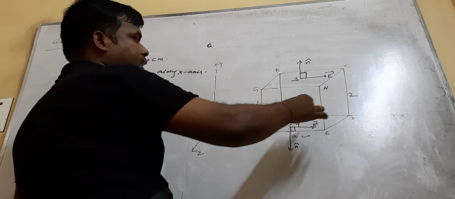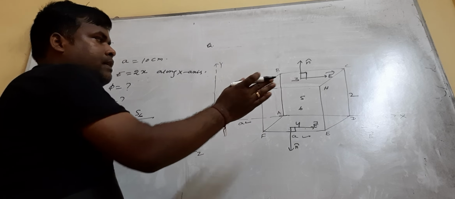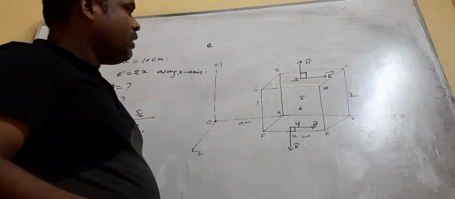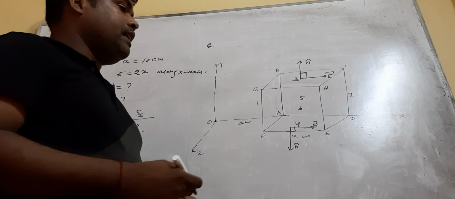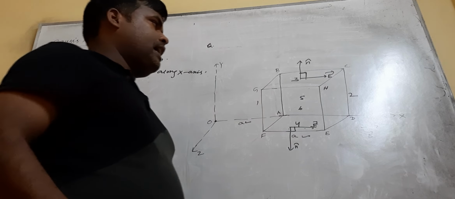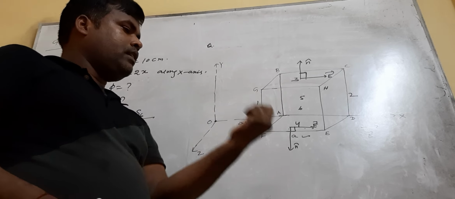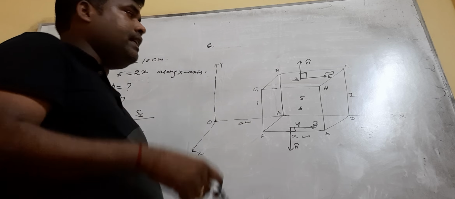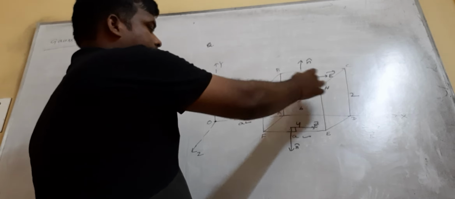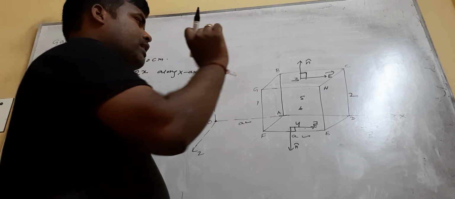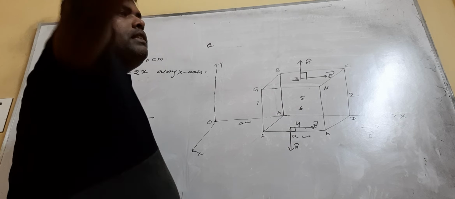Similarly, for B, C, D, A, that is S5 we have taken. Electric field is towards right, that is along x-axis, and the area vector is into the plane. So what is the angle? 90. Similarly for S6, G, H, E, F, electric field is towards right, that is along x-axis, and area vector is outward.